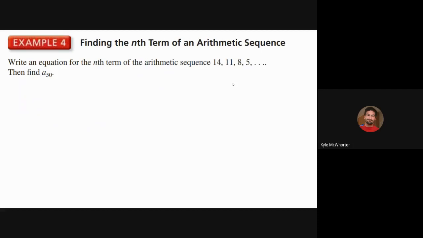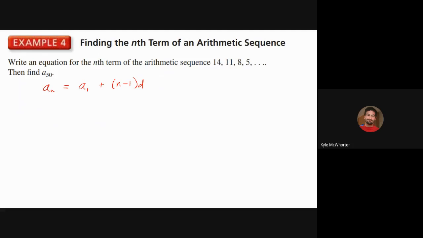So example 4 is to write an equation for the nth term of the arithmetic sequence and then find the 50th term. All right, so we just learned that the formula for the nth term of an arithmetic sequence is a sub n, the nth term, is the first term plus n minus 1 times the common difference.